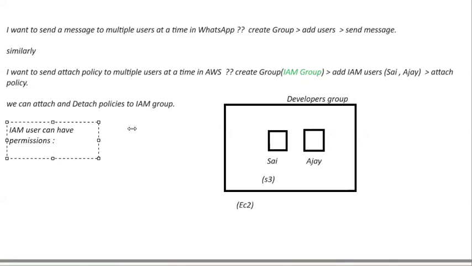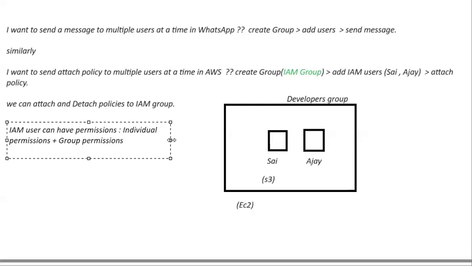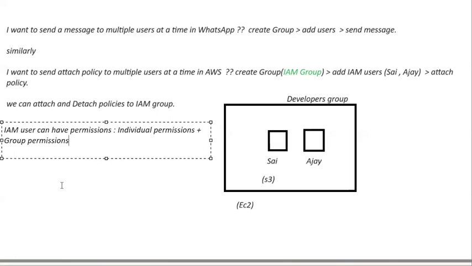What are the permissions that an IAM user can have? Individual permissions plus group permissions. So whatever groups this IAM user has been added to, that group permissions and individual permissions together will be the resulting permissions for that IAM user.